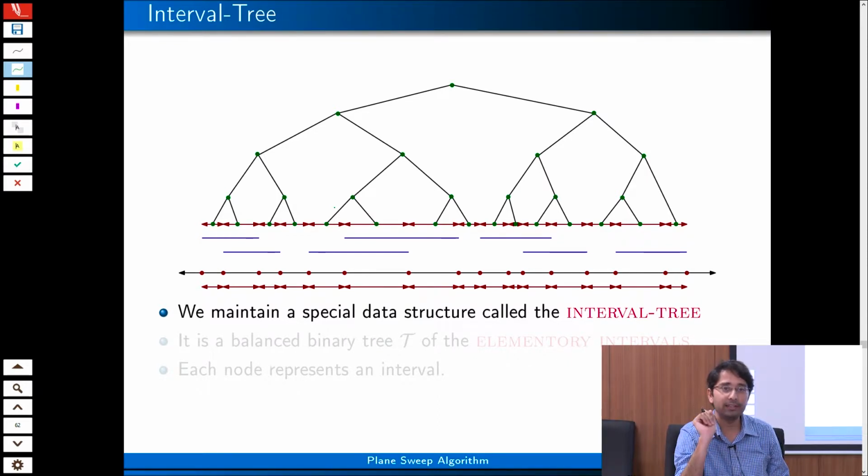How am I creating this tree? This is a representation. So, the leaf nodes of this tree are the set of elementary intervals. That means this node represents this interval.